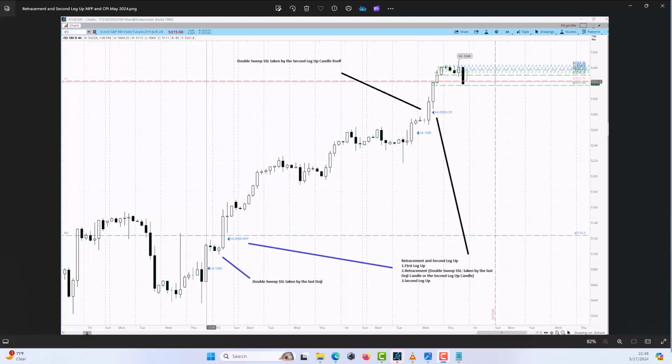Yep, so this is the framework we observed from the non-farm payrolls week, and then we have the CPI week right there. So looking for expansion, and then we see the retracement right here, right? And then we know it's going to be another expansion.